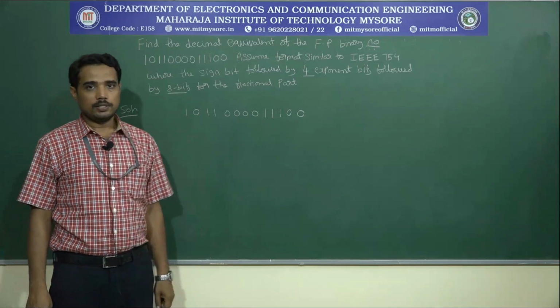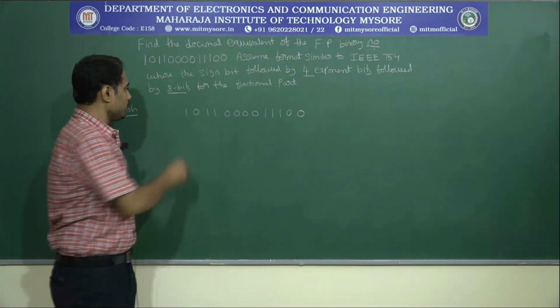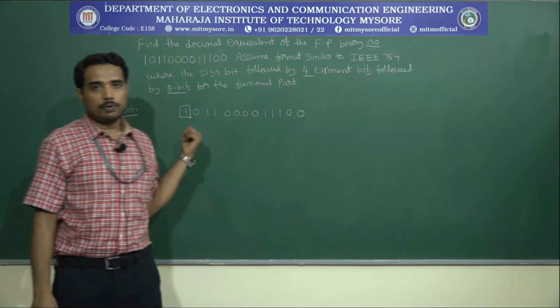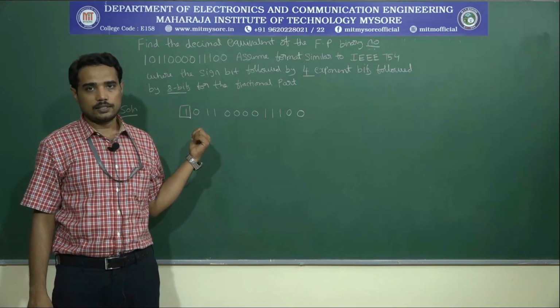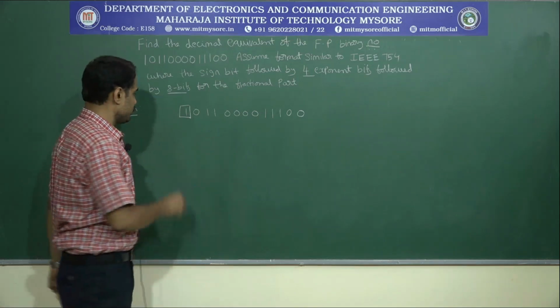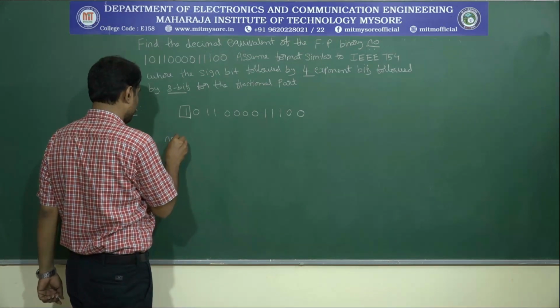According to the problem statement, the first bit is meant for sign. The first bit is 1, that indicates the sign of the number, that is, it is a negative number.